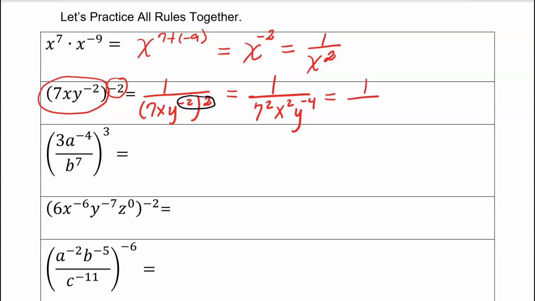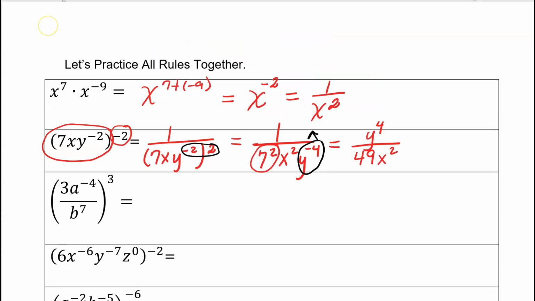Now we have 1 over 49. However, what I'm going to go ahead and do is move that y up, right? So it'll be y to the 4th in the numerator. We have 49 in the denominator as well as x squared.